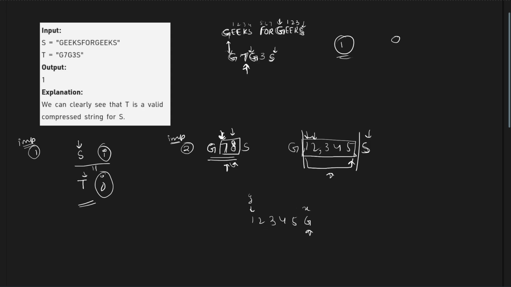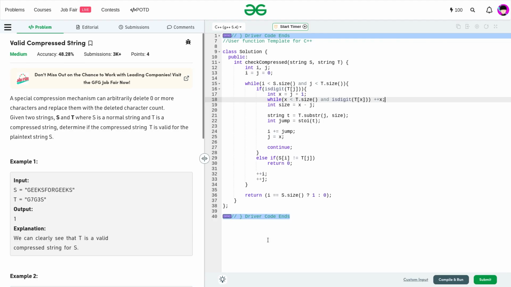So how will I calculate the size of this particular substring? I just have to do x minus j. Simple, right? So if I do x minus j, I'll get the size of the substring. Now I can get that particular substring 1, 2, 3, 4, 5 by doing t dot substring starting from j and of size, which I have already calculated here.